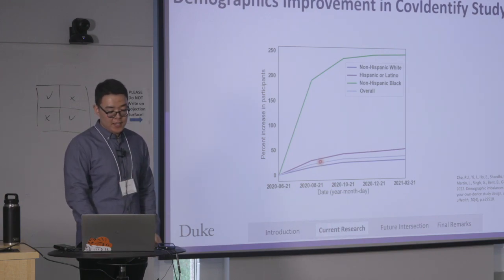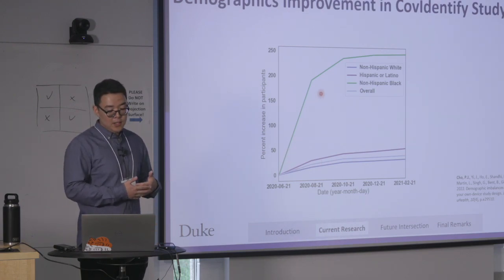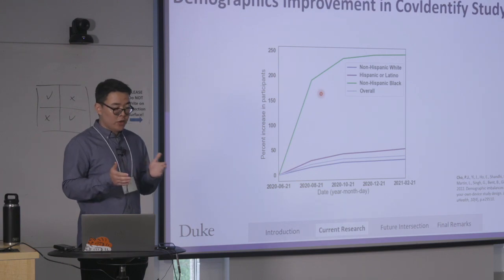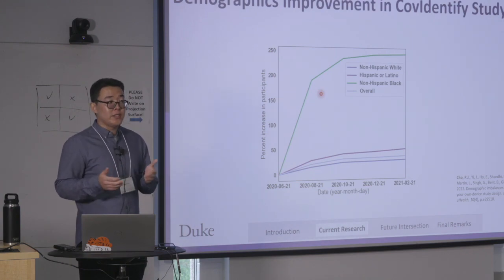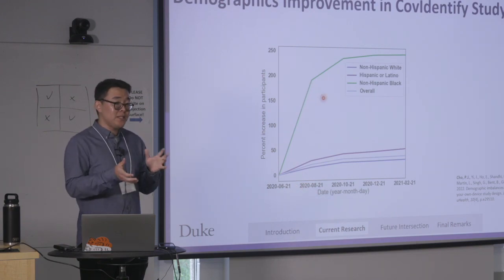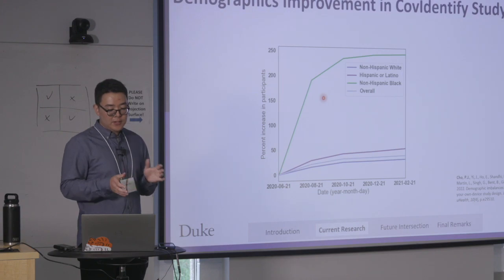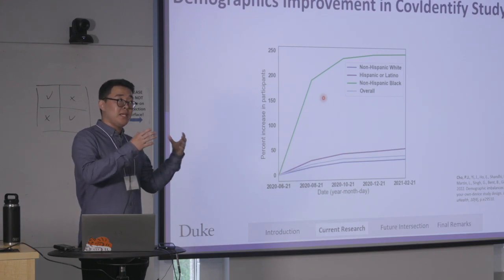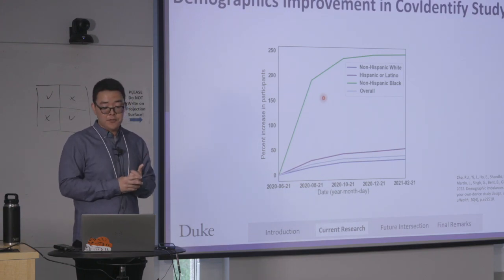And so what we saw was that we did get a much larger recruitment through these targeted interventions and through targeted presentations regarding our work. And so during this time, we saw like a 200% increase in our study population, and this is roughly from like 300 individuals to 600 individuals.